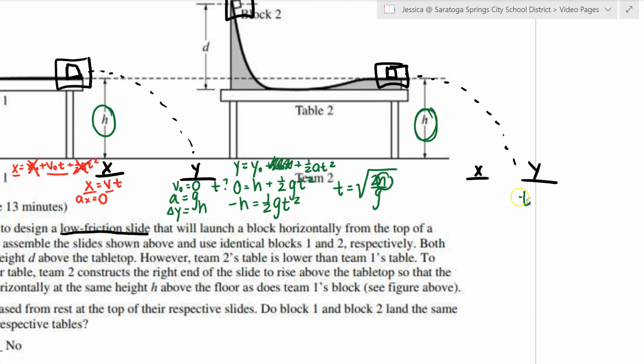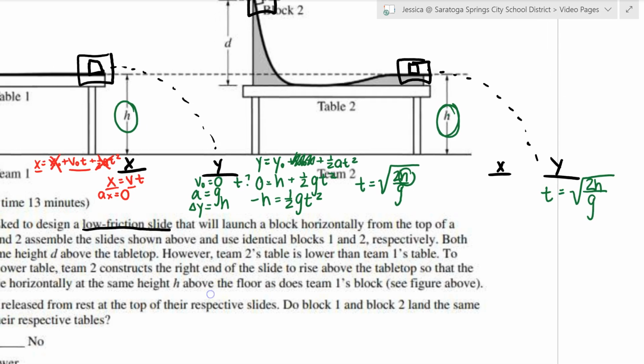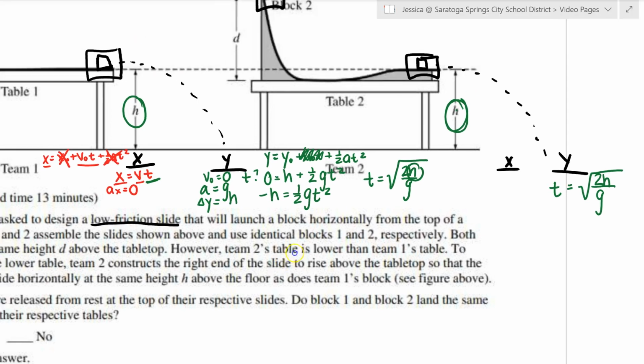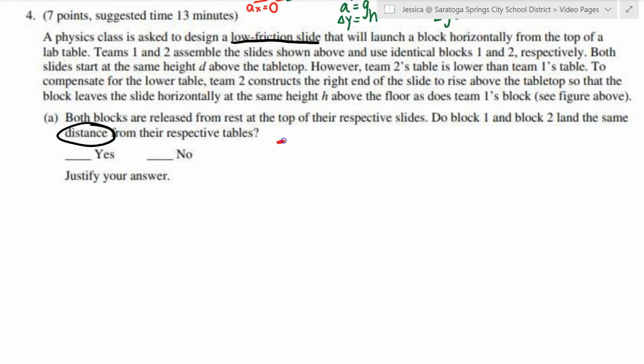My time in the y direction for block 2 would look exactly the same equation-wise as table 1. So that's good to know. This time thing here is the same for both. So I'm just going to write myself a note: time in air is the same.